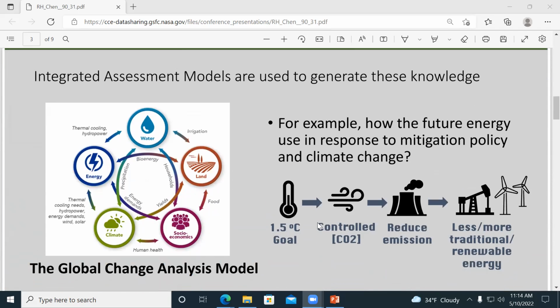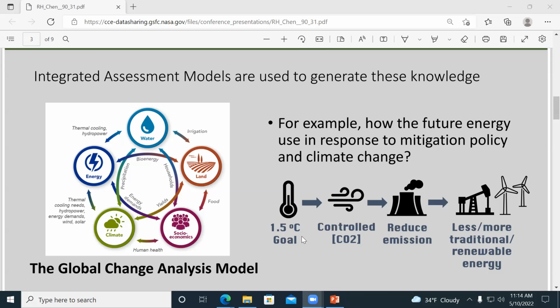These types of figures are typically generated by a family of models called integrated assessment models. A typical example of a US-based model is the Global Change Analysis Model, GCAM. For example, the future energy use can be affected by the scenario and by the atmospheric CO2 concentrations.